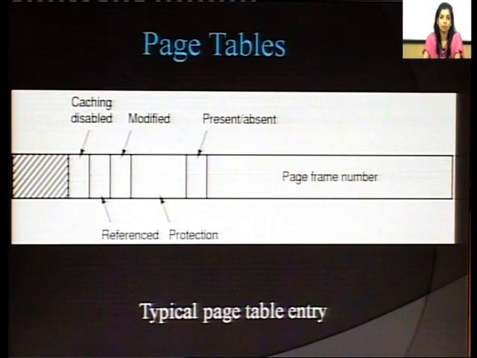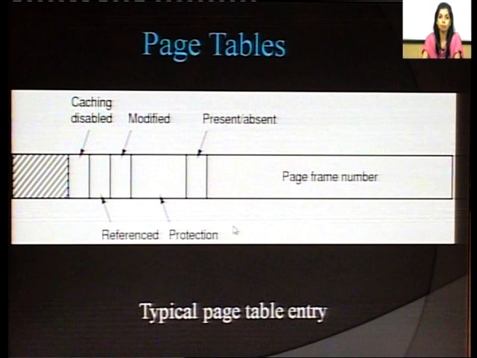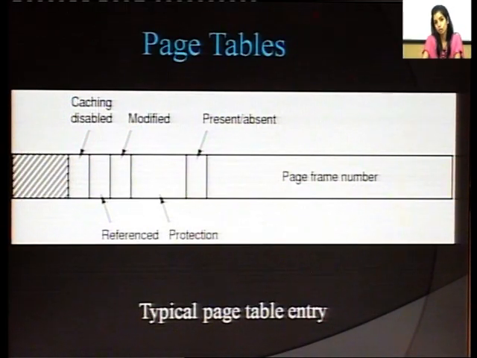If there is any protection, add some protection bits, and then page frame numbers. If any page is going to be modified, then its bit is also highlighted. That means if there is a 0 bit, there is no modification. Later on, if you want to add some content to it and modify the table, then the modified bit is going to be 1.